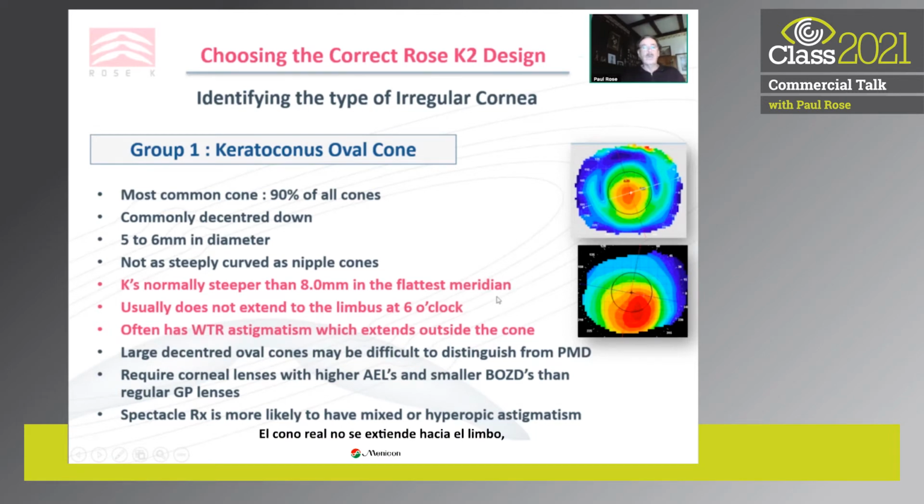The actual cone does not extend out to the limbus, so you have some bearing of normal cornea between the lower edge of the cone and the limbus, whereas in pellucid the steepening occurs right down to the limbal margin. And very importantly, oval keratoconus often has with-the-rule astigmatism associated with it. So that means the lens is going to bear in the horizontal meridian more so than the vertical meridian.